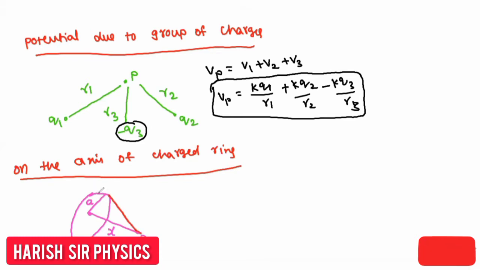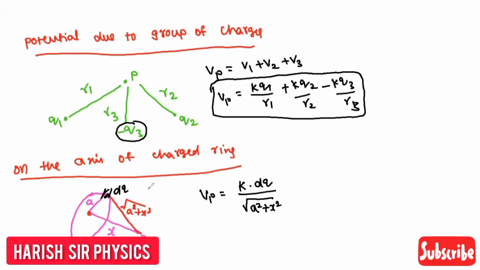according to Pythagoras theorem, you can write this distance as the square root of a square plus x square. Here you can consider a smaller element dq. Then the potential Vp is equal to K dq divided by the square root of a square plus x square.